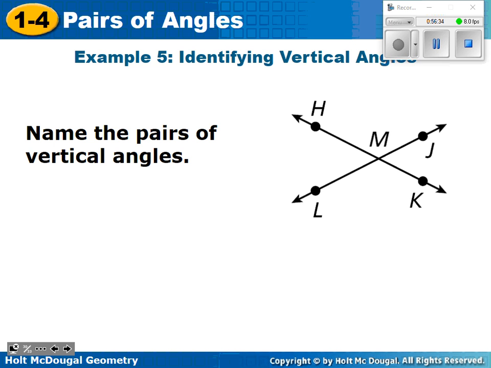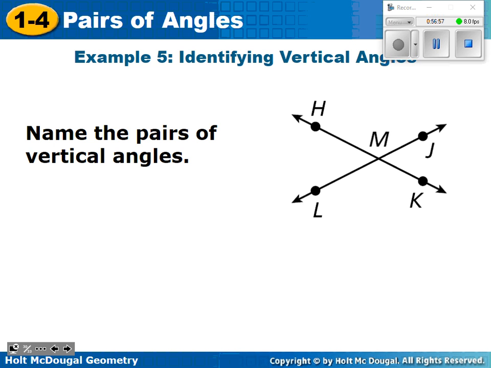Say it again, Barrett. Angle JMH, okay? JMH. So you're referring to this angle up here, JMH. Which angle is vertical to it? Good. I heard two different ways, and both ways were correct. Angle LMK or KML. It doesn't matter as long as M is in the middle.